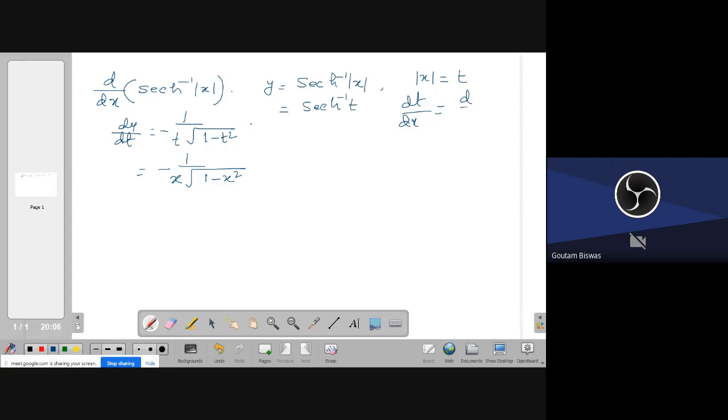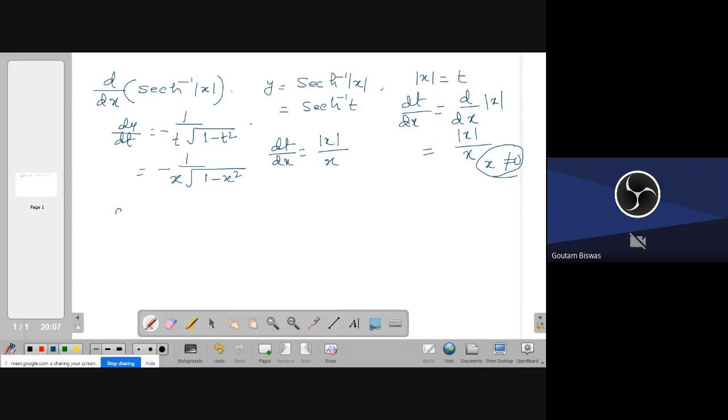That is d/dx of t. T is mod x. So it is nothing but mod x divided by x for x not equal to 0. Now this small line is very, very important. If you omit it, your entire sum is wrong. So what is our result? dt/dx is equal to mod x by x.